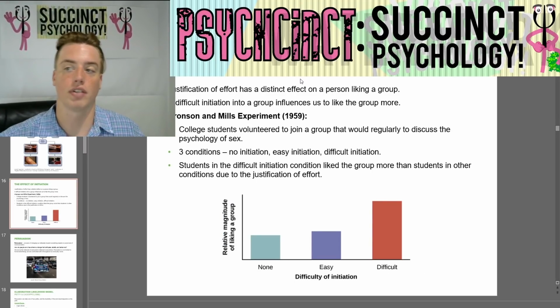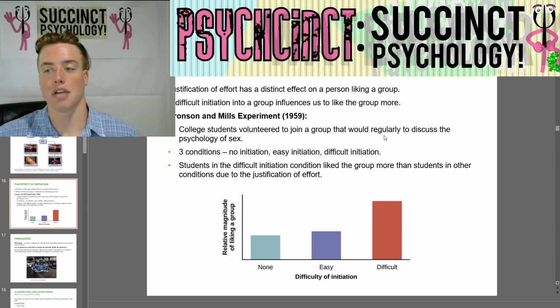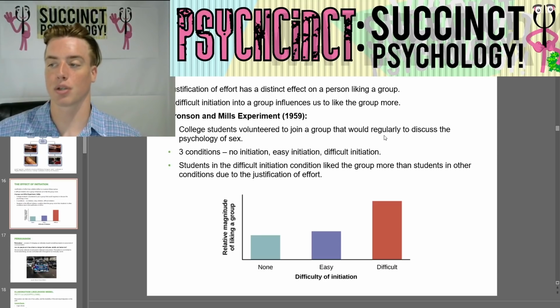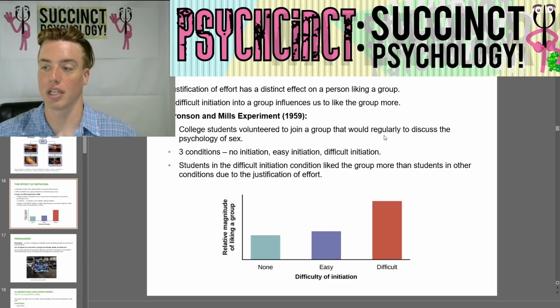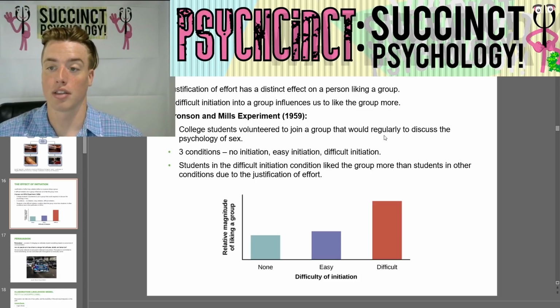Now, the effect of initiation. Justification of effort has a distinct effect on a person liking a group. A difficult initiation into a group influences us to like the group more. In the Aronson and Mills experiment in 1959, college students volunteered to join a group that would regularly meet to discuss the psychology of sex. There were 3 conditions: no initiation, easy initiation, and difficult initiation.